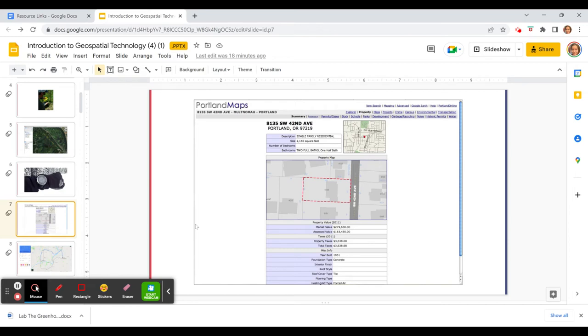Let's take that a step further. In places like the city of Portland, Oregon, you can go on www.portlandmaps.com. You can look up your address, you can see how much it costs, and you can get an idea of what has been done to your house. So this is where data is starting to be stored.